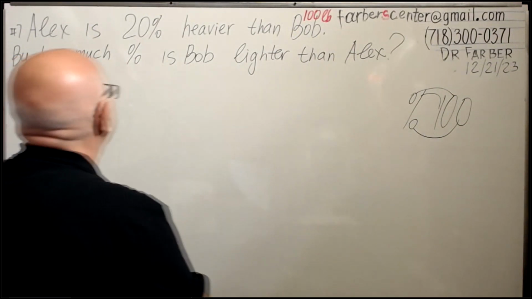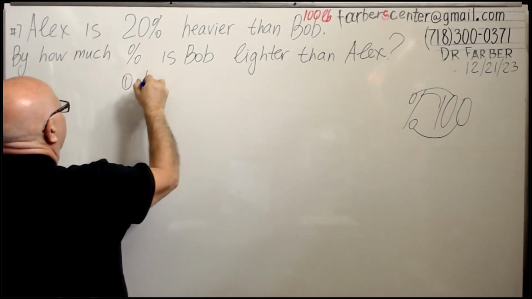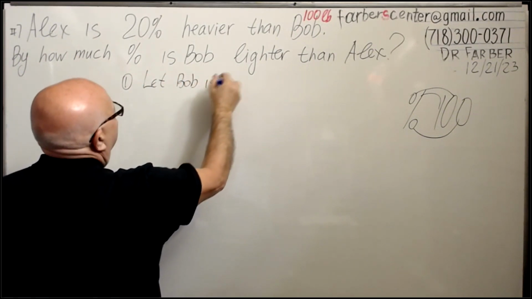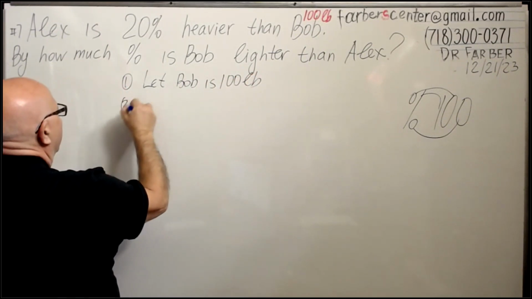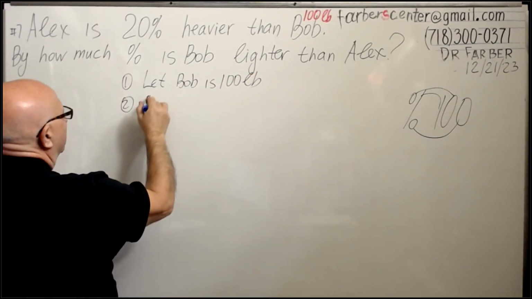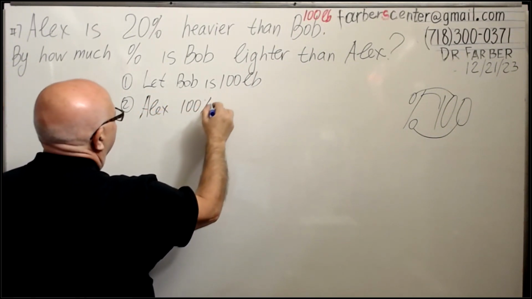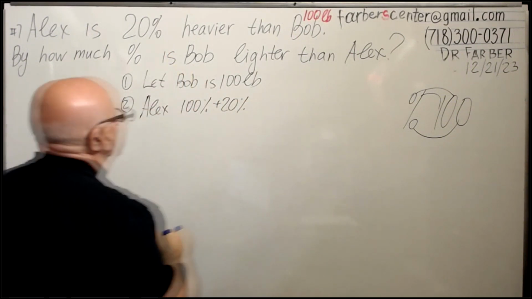In this case, step number 1: let Bob be 100 pounds. Step number 2: Alex is 100% plus 20%. Why? Because he is 20% heavier.